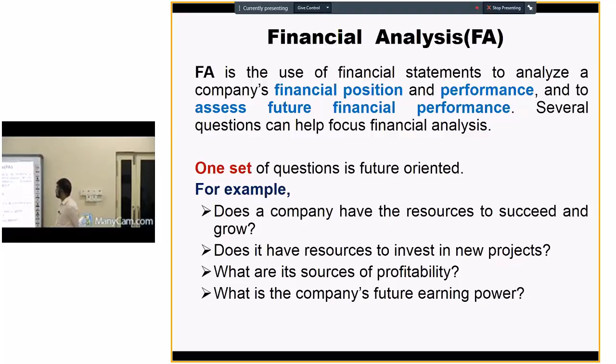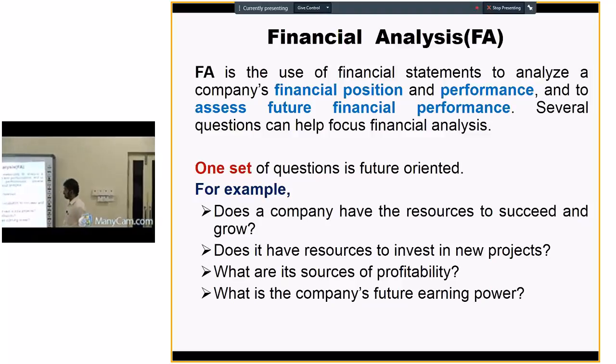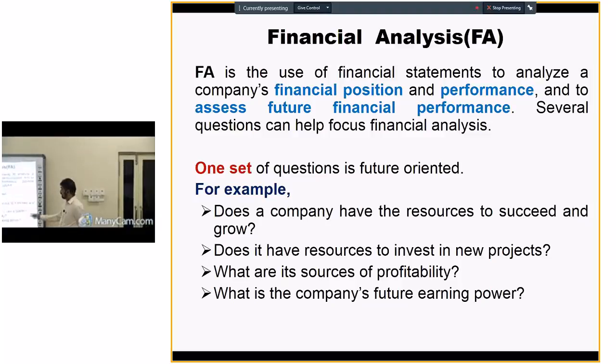Does a company have the resources to succeed and grow? Whether they have enough resources to grow, to extend the business. Does it have resources to invest in new projects? Then the resource requirement for expansions, right? What are its sources of profitability?